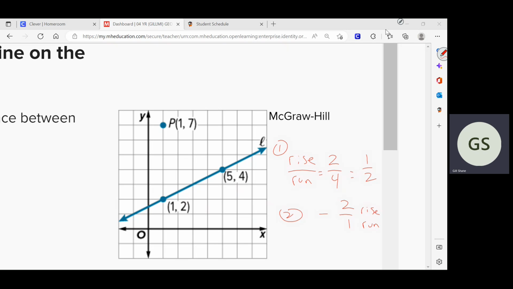You've graphed before where you created a line from y equals mx plus b. You said, okay, if this is the formula, what's the slope in that formula? M is the slope. What's the b?